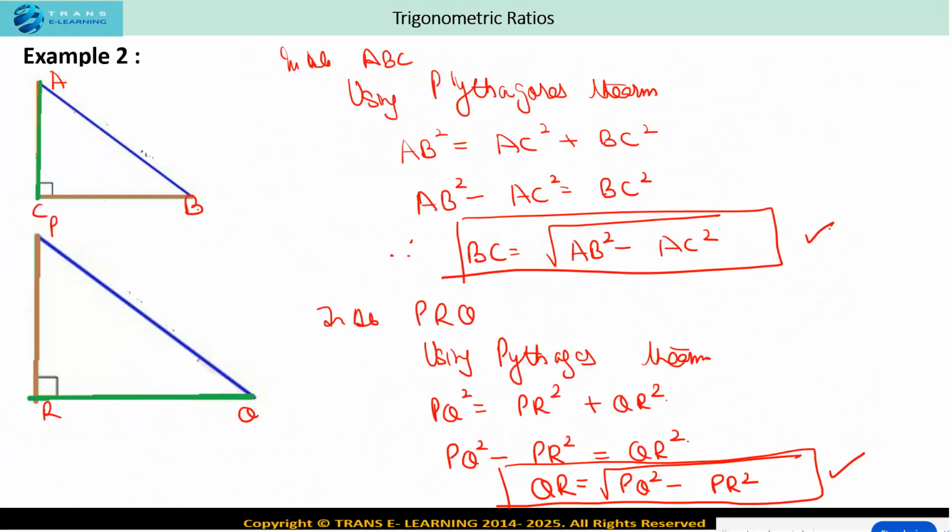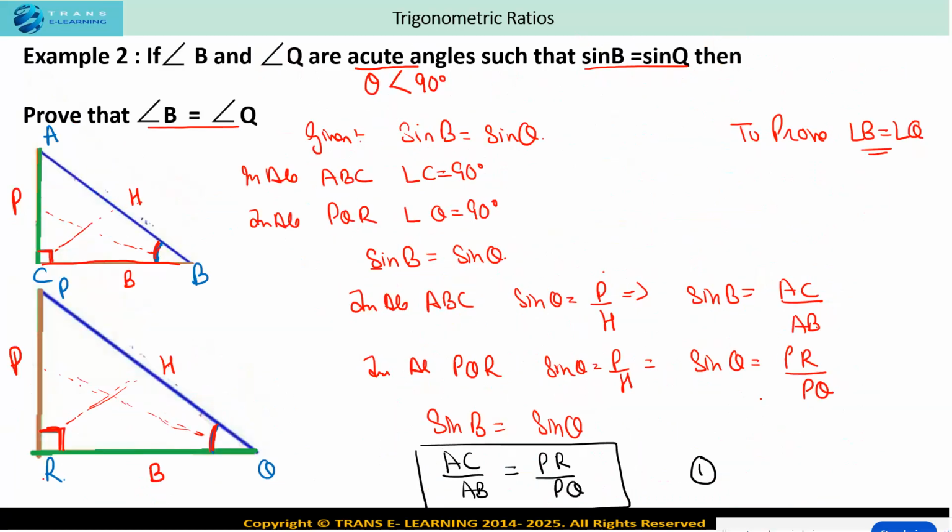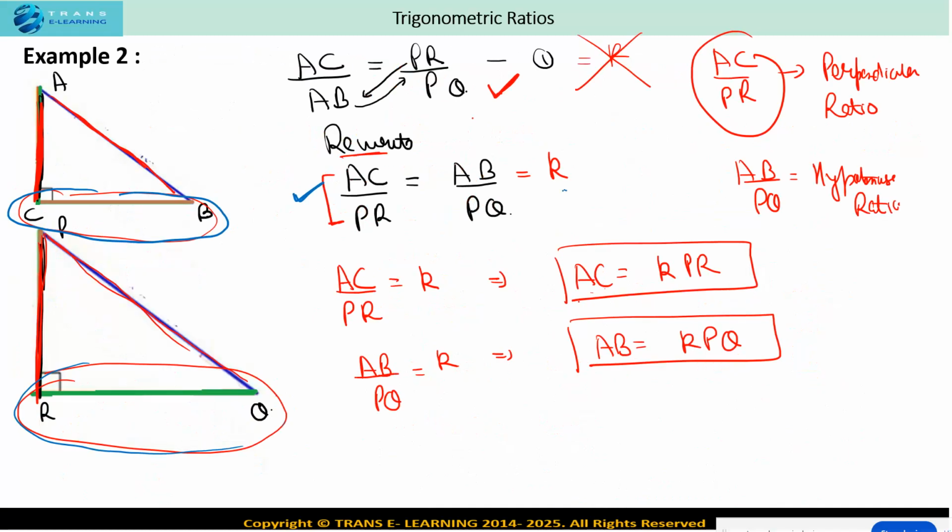I'll just quickly recap. First of all, what is given to us, I have taken the ratio of sides. Here I have rewritten it and I have taken the ratios of the similar sides, perpendicular upon perpendicular, hypotenuse upon hypotenuse, and I have taken it equal to k. Now I have found out the value of one side in terms of another in terms of k. That means AC is equal to kPR and AB is equal to kPQ.